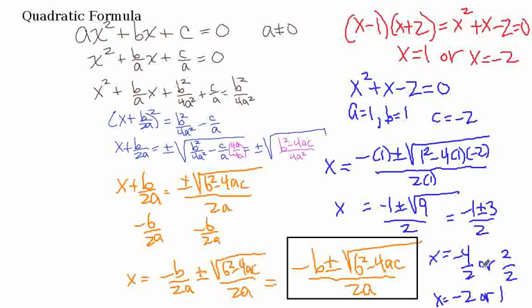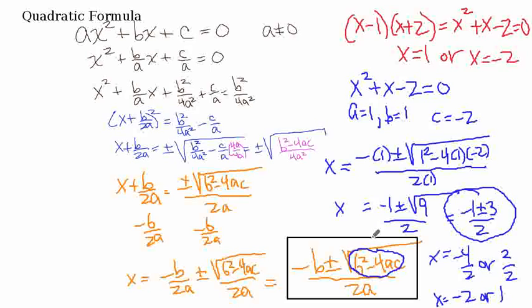I had a square root of 9 actually, and so I did plus or minus 3 at some point to get my two answers. Suppose that the square root was 0. Suppose that the b squared minus 4ac, that whole blob ended up being 0. So then you would have plus or minus the square root of 0. So in that case, you wouldn't have 2 solutions. You would only have 1 solution.